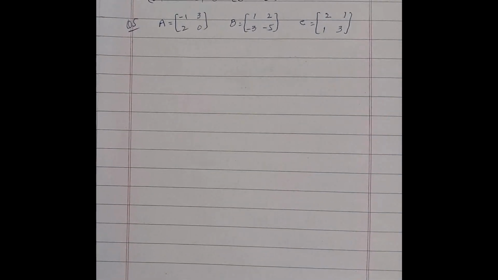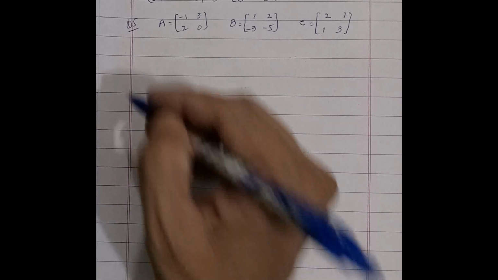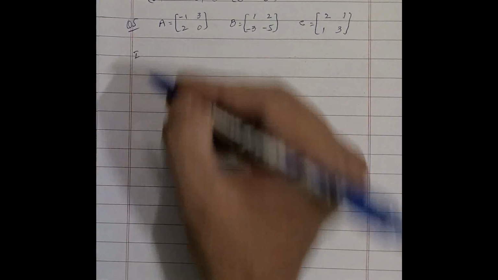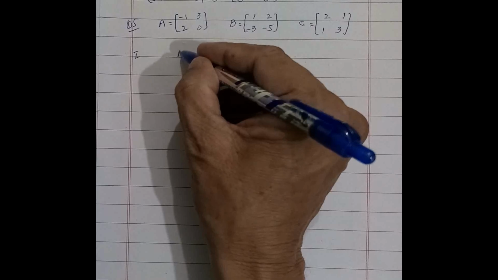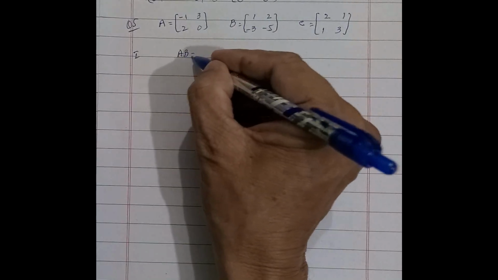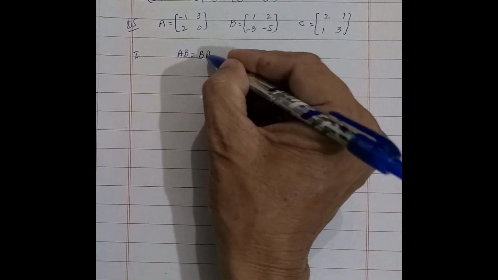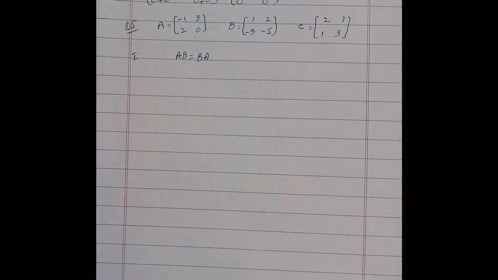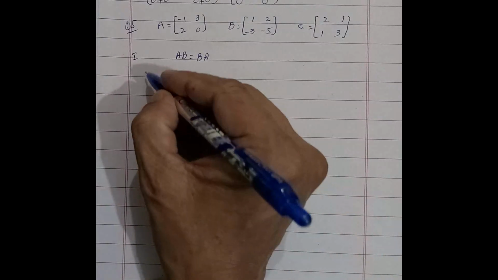And we verify some values. The first part which we verify is AB is equal to BA. Now we write the matrices A, B and then solve them.